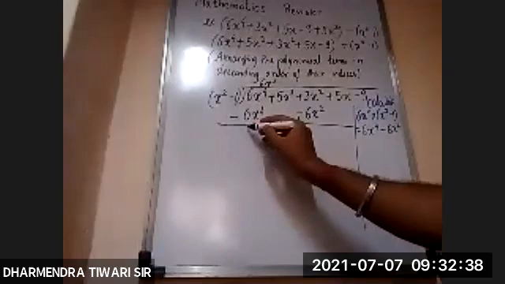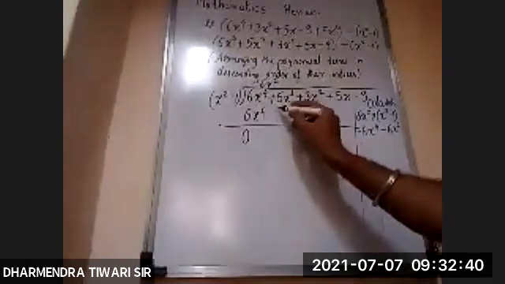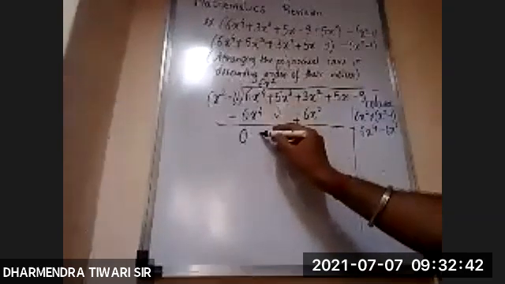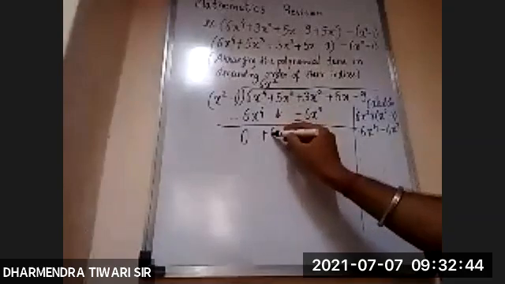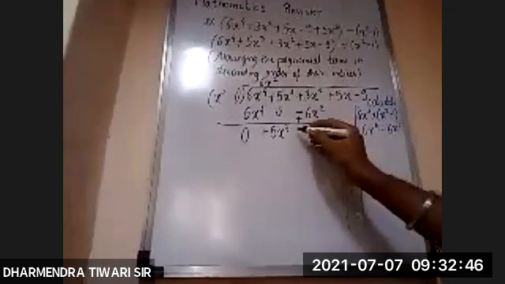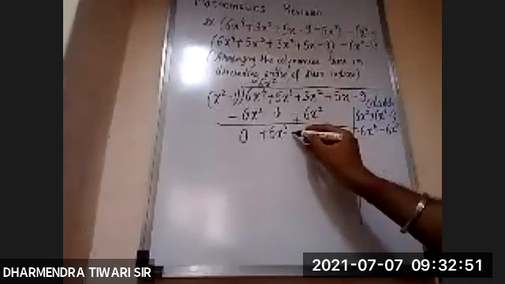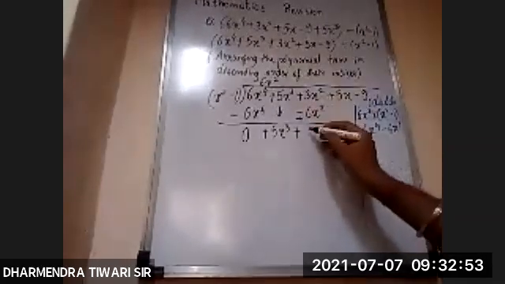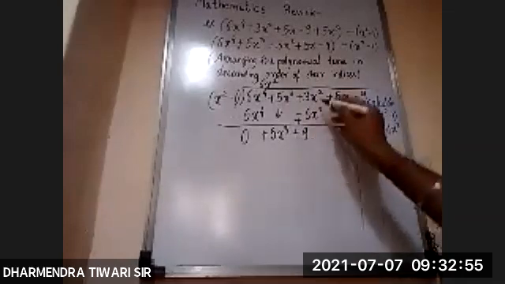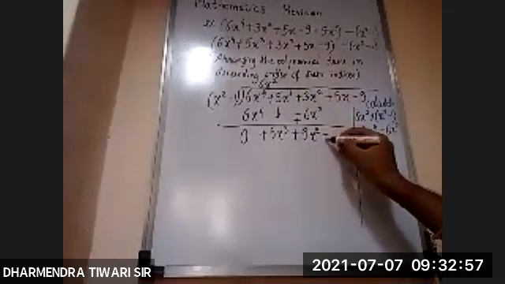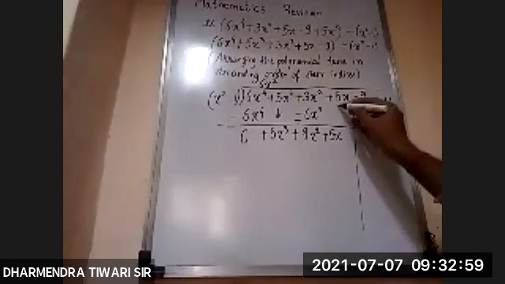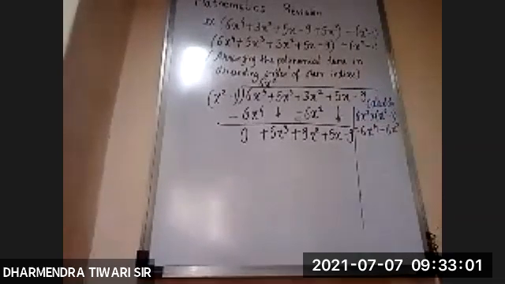So this will get cancelled, 0. What remains? This will come down as it is, x cube. Plus, plus, plus. 3 plus 6 is 9, so write 9x square plus 5x as it is and minus 9. Hope this is clear to you.